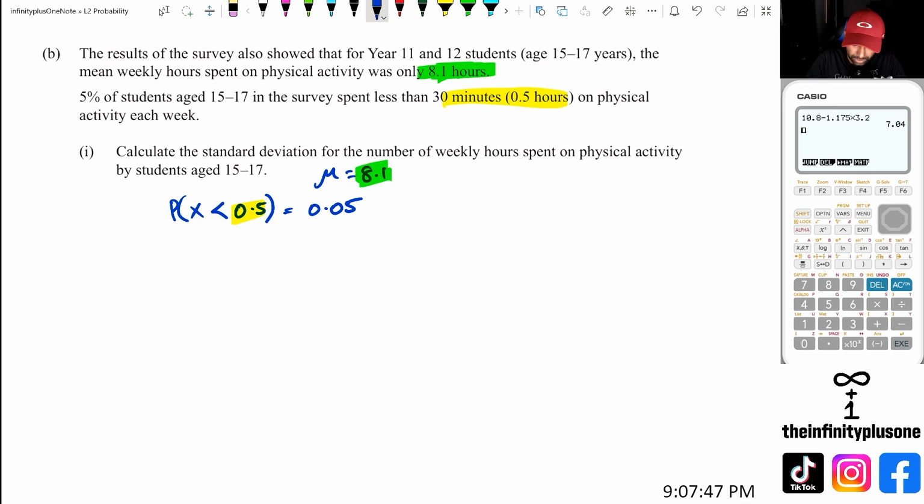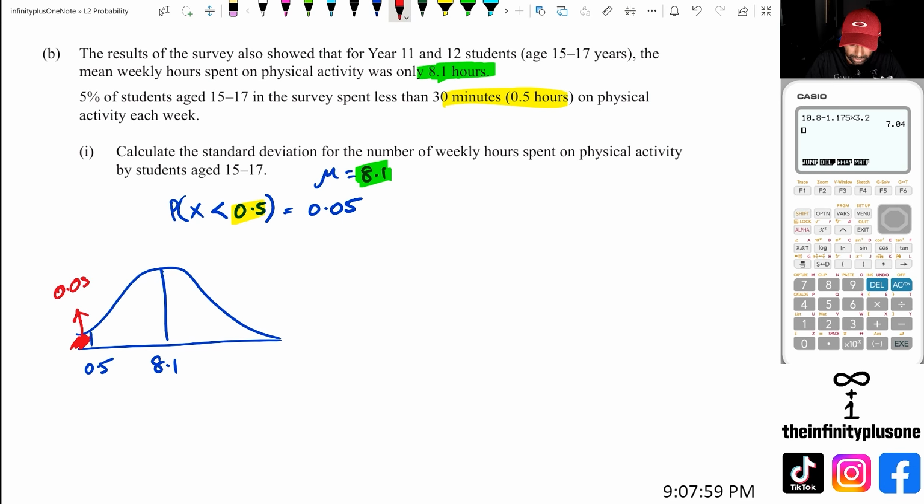So if you look at it, the mean is 8.1 hours, so we want to keep everything the same. In this case, again, we're going to draw a very quick diagram here. This is going to be 8.1, we're going to get 0.5 here, and then the shaded region is going to be your 0.05. So once again, we're going to go into our calculator to figure out what our z value is. So distribution, normal, inverse.